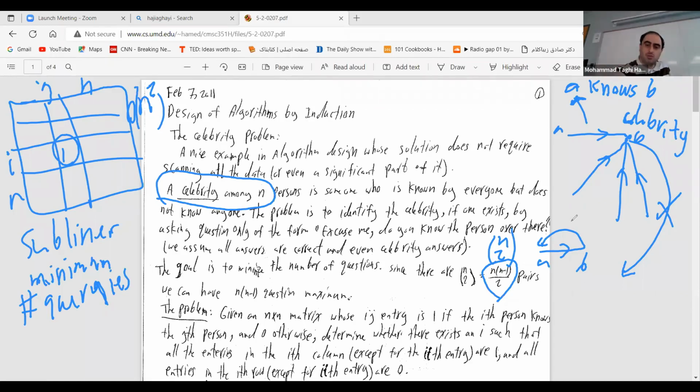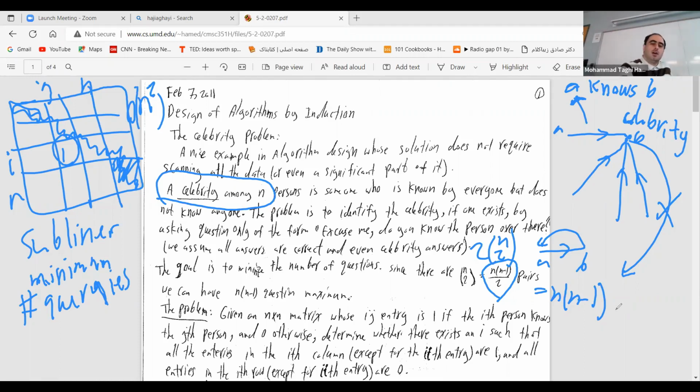So in some sense it would be 2 times that, which would be n times n minus 1. Why n minus 1? Because we are just excluding the case that I knows I, which is irrelevant. So n times n minus 1 is exactly the size of this matrix if you just remove the diagonal.